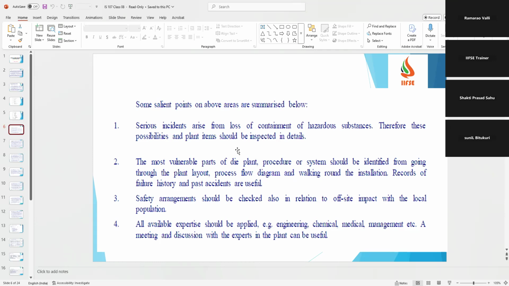The most vulnerable parts of the plant, procedure or system should be identified by going through the plant layout and process flow diagram and walking around the installation. Records of all the failure history and past incidents are useful. The most vulnerable parts of the plant means the critical systems in your operations, and also their operating procedures and the systems to operate that specific critical plant.